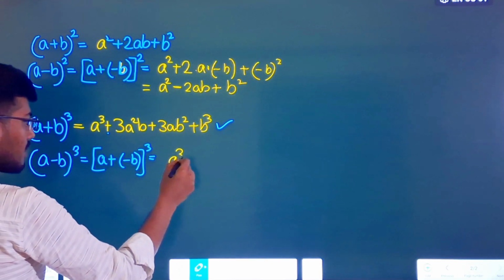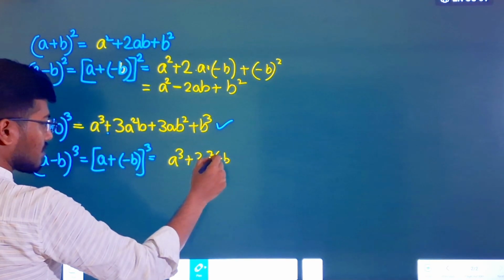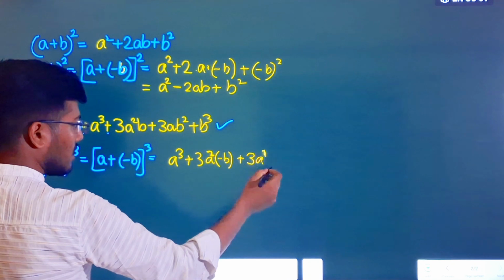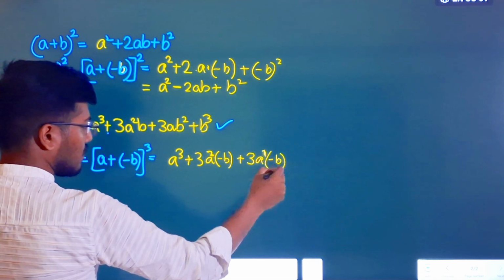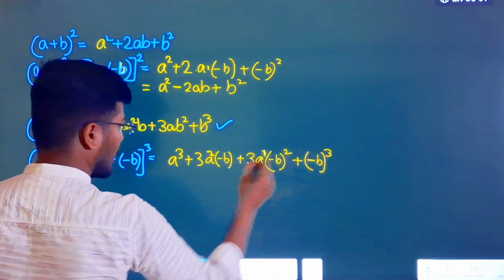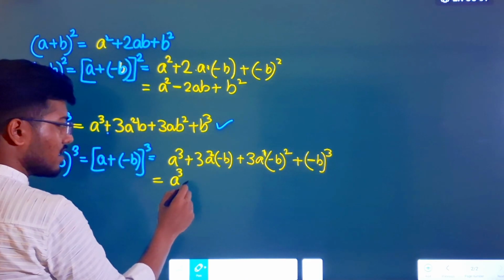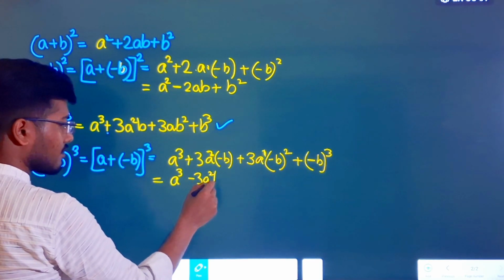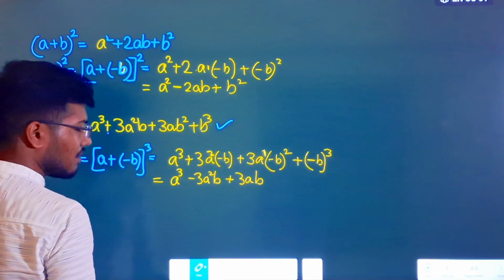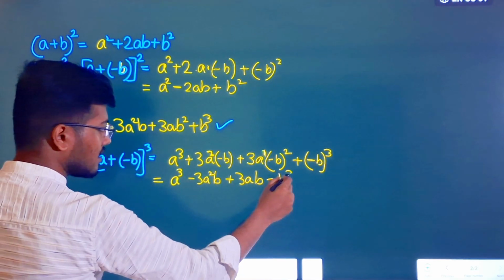It is a^3 + 3 × first term squared × second term + 3 × first term × second term squared + second term cubed. Okay, if you simplify this formula, a^3, then minus 3a^2b + 3ab^2, because minus squared means plus, and minus b cubed, so it is (a - b)^3.